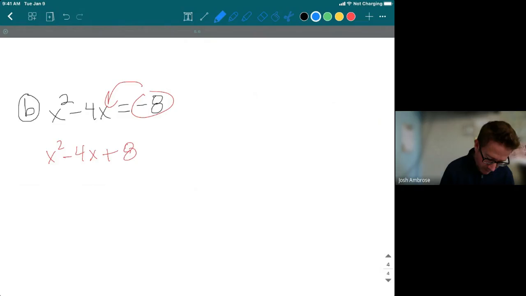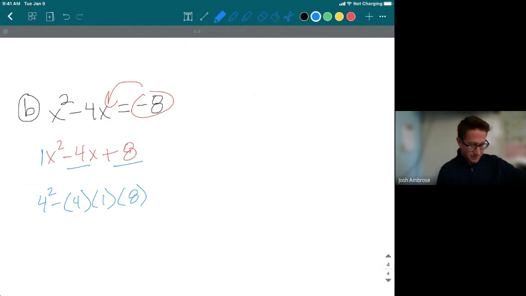Okay. Our a value is 1, our b value is negative 4, and our c value is a positive 8. So we have b squared minus 4 times A times C. All right, plug that directly into the calculator there.